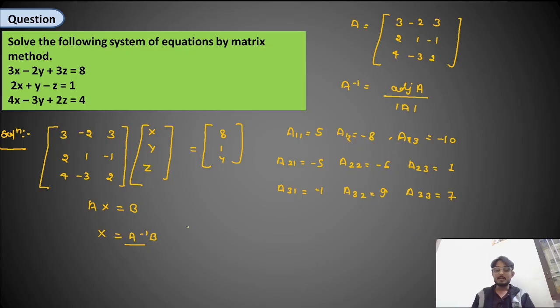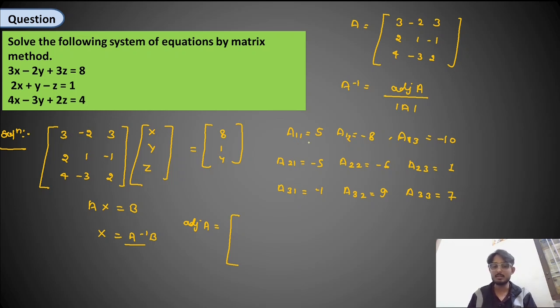Now you can write the adjoint of A directly. What is the adjoint of A? Adjoint A equals the transpose of the matrix of cofactors of A. So you don't need to write the cofactor matrix and then transpose. You can write directly by writing the elements like this: because this column is A11, then you write A21, and then A31.